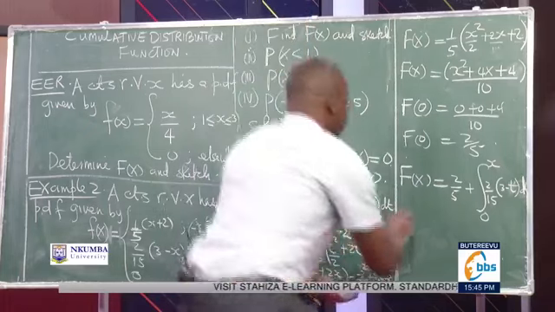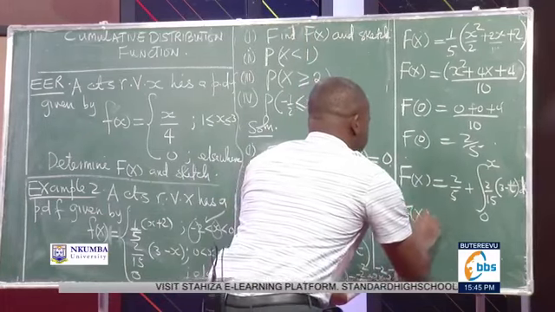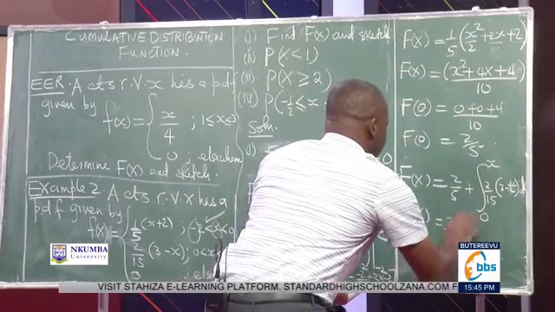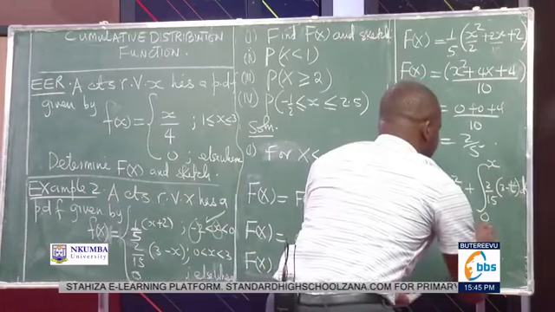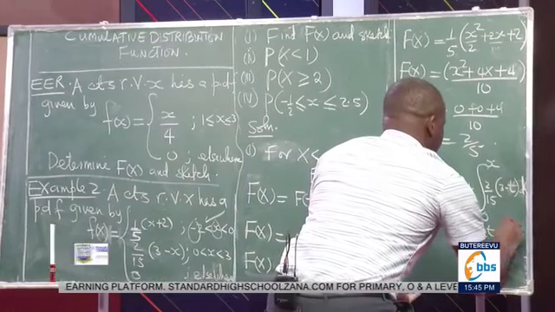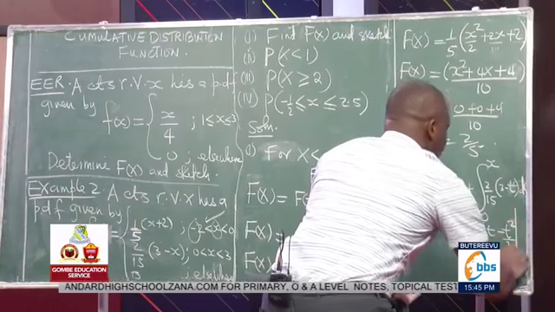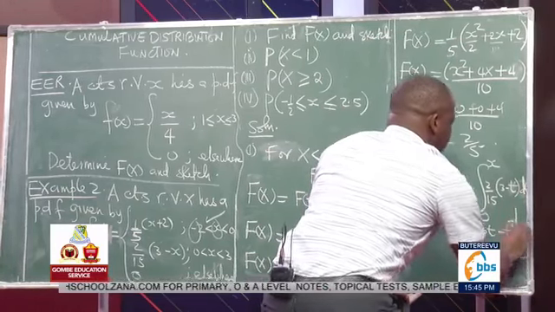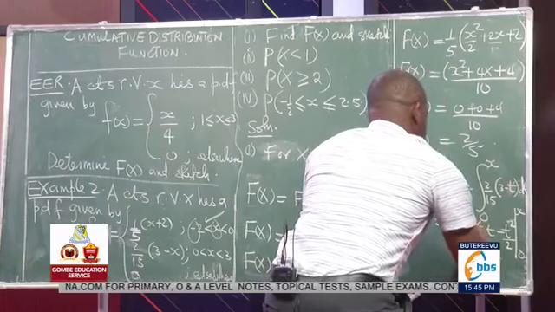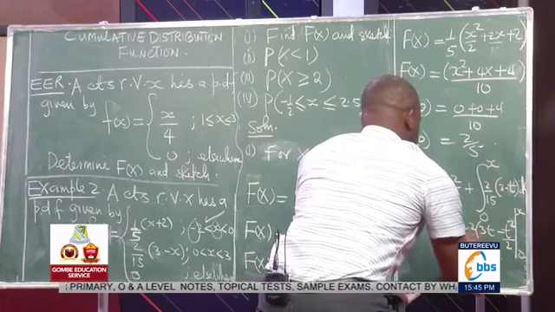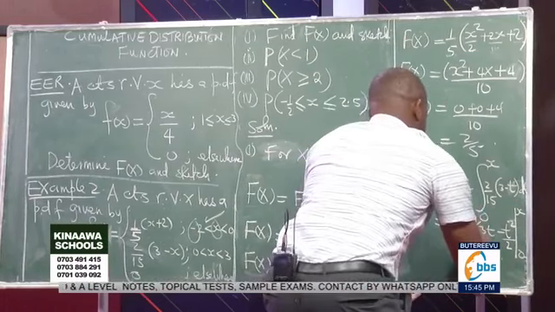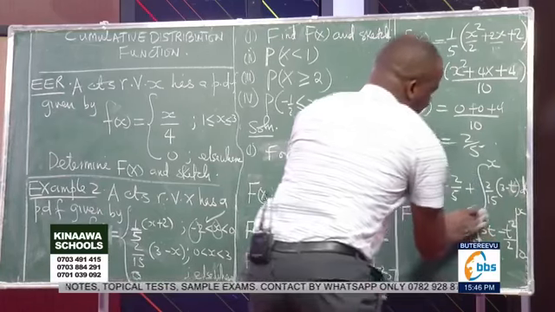And again, the final expression here will give you 2 out of 5 plus, if you integrate this, you'll have 3t minus t squared out of 2. The limits are 0 to x, but we have our 2 out of 15 here as a common factor.